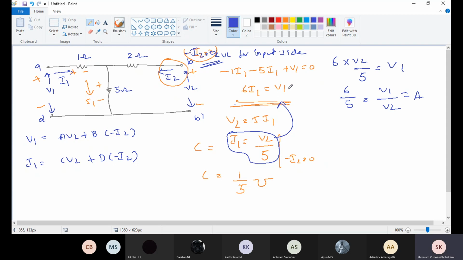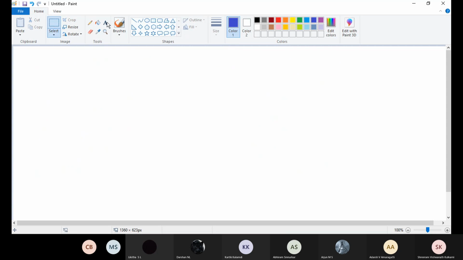Okay, now next case, V2 equal to 0. V2 is 0 in the sense, short circuit the port 2. So if V2 equals 0, then the output port will be short circuit.